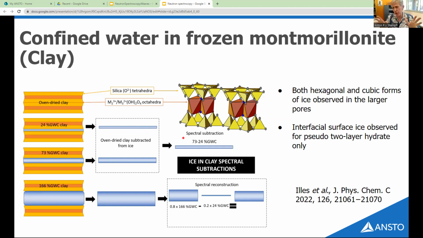And so what's interesting is really to tease out what the structure is, what's going on with the water within the clay. Now, in this case, we have to freeze it, because we've still got to look at it at low temperatures. I'm a little bit dubious about that.